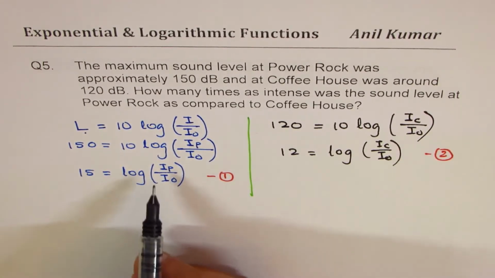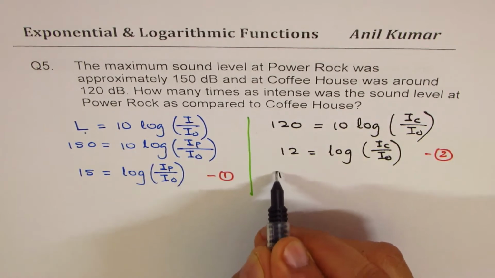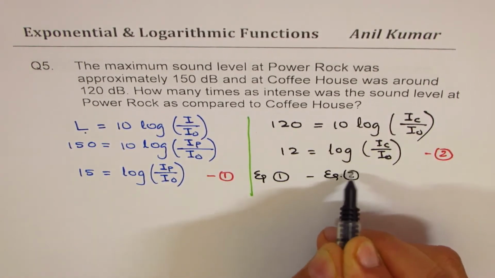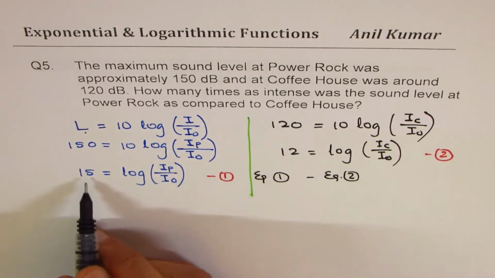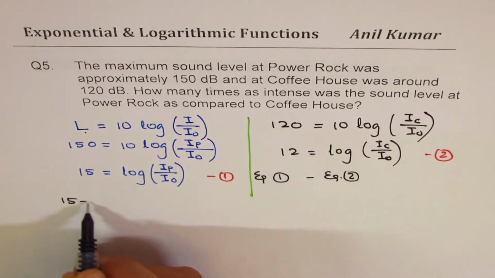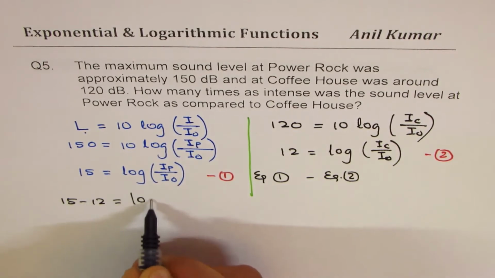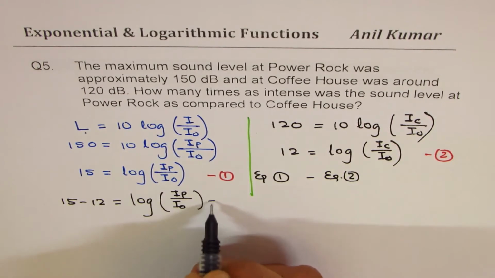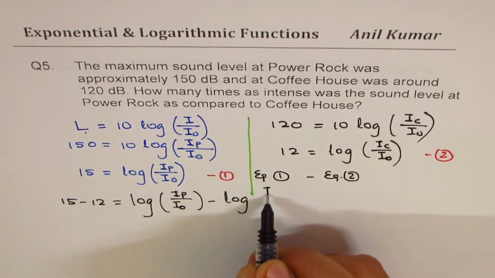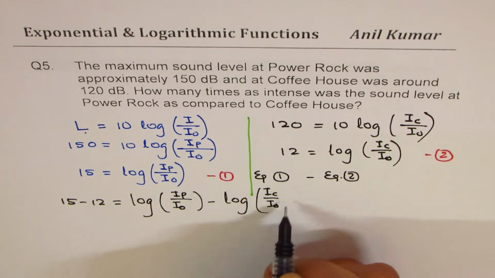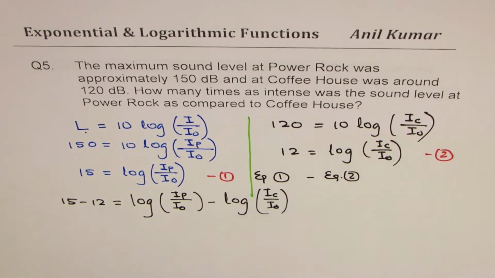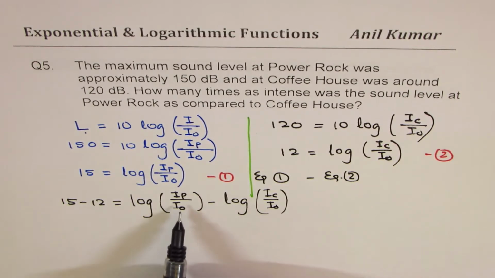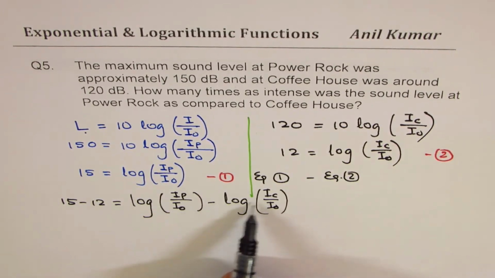So I will do equation 1 minus equation 2. Then what do we get? I'll write down here 15 minus 12 equals log of IP over I0 minus log of I coffee over the default intensity, right? So using the properties of logarithms, I could always write this as a ratio, right?